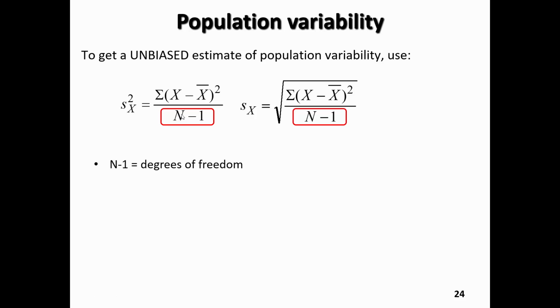the degrees of freedom. The equation on the right-hand side is the square root of the variance equation that we see over here on the left-hand side, and Sx is termed the standard deviation.